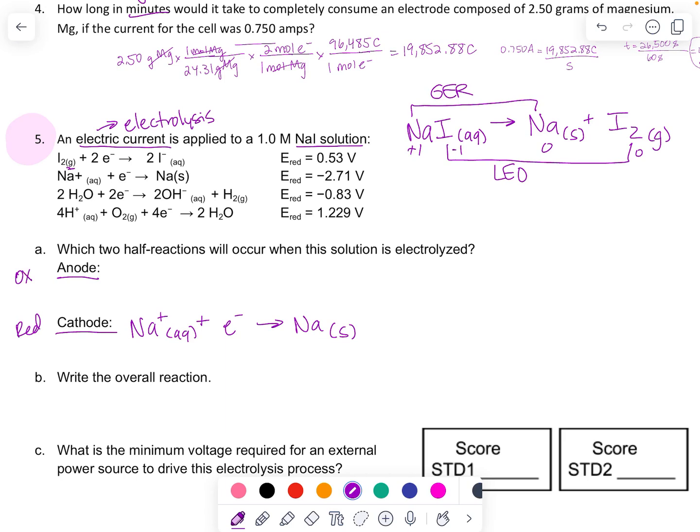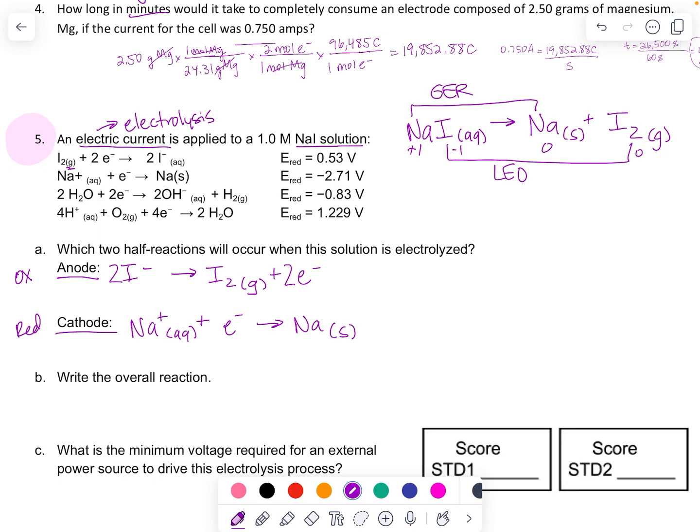And one possibility that's happening at the anode is that I have I minus, and it is forming I2 gas, and it is giving off an electron, losing an electron. Now, when I balance this, I do have 2's in front of my I and my electrons.